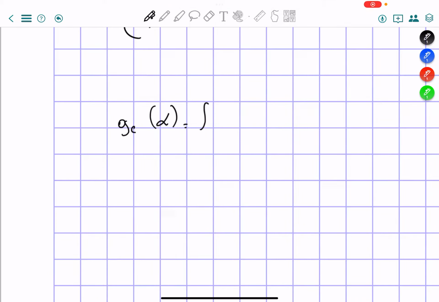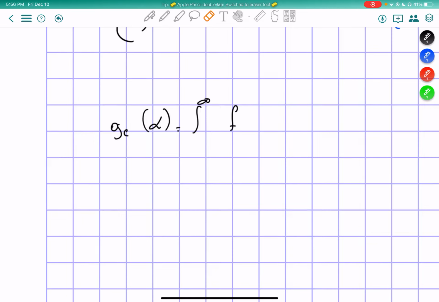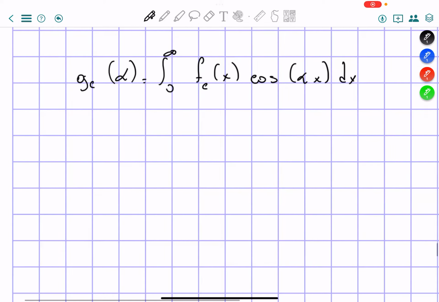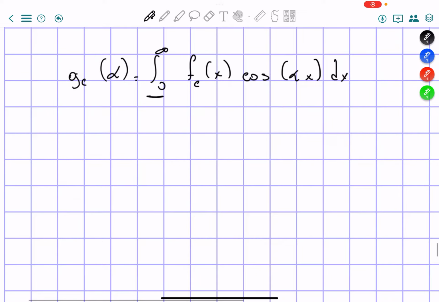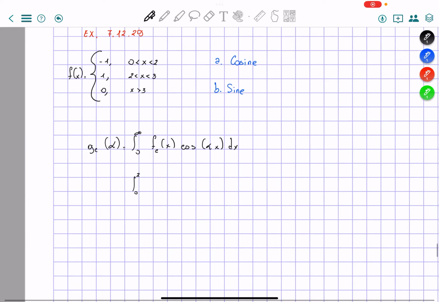So it has to be from negative infinity to infinity of f, actually, sorry, it says from 0 to infinity, correct? So f_c(x) cosine of alpha x dx. Now I have to break this in three pieces because we have three boundaries. So we're going to have from 0 to 2 of, what is f_c?